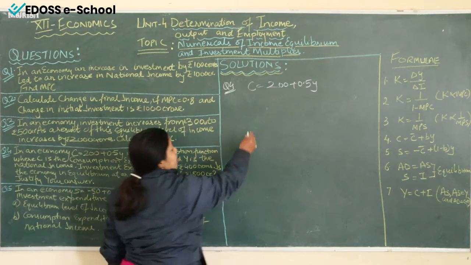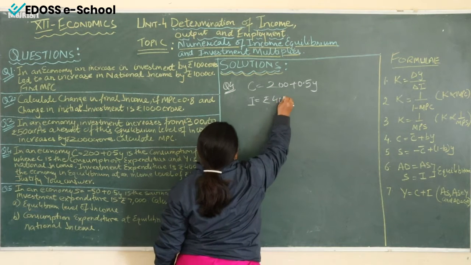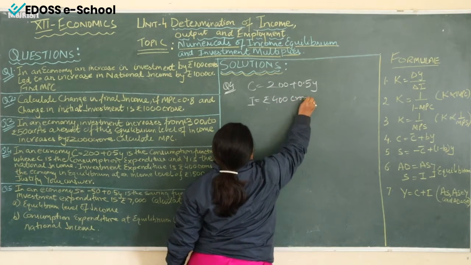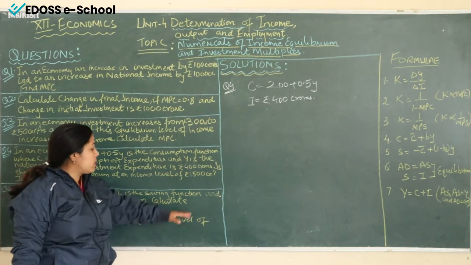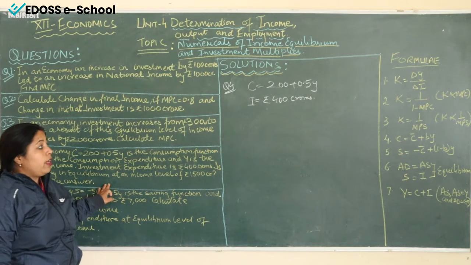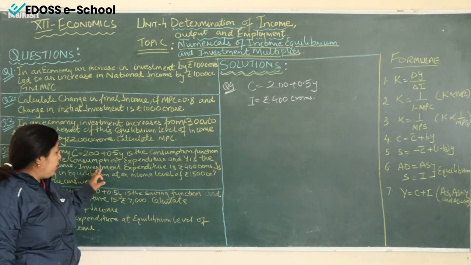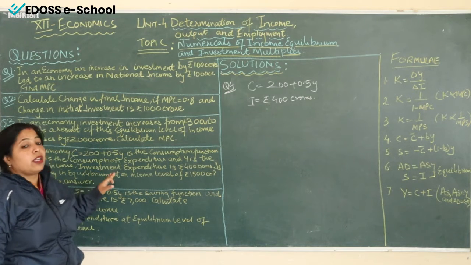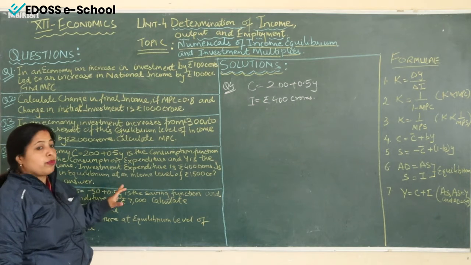Investment expenditure is I. I is rupees 400 crores. Now, next what it says? It says, is the economy in equilibrium? We have to prove it. We have to tell that economy is in equilibrium or not. It is the question and the clear answer should be there.